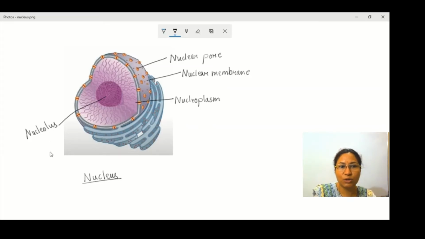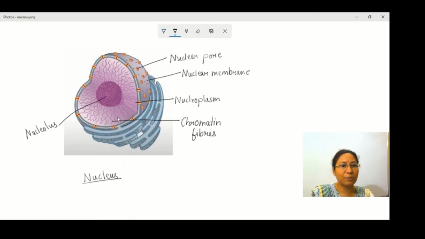This is the nucleolus, and the function of the nucleolus is to produce ribosomes and RNAs. Inside, we also see a large amount of thread-like structures. These thread-like structures are the chromatin material. Chromatin material will get converted into chromosomes when the cell decides to divide.